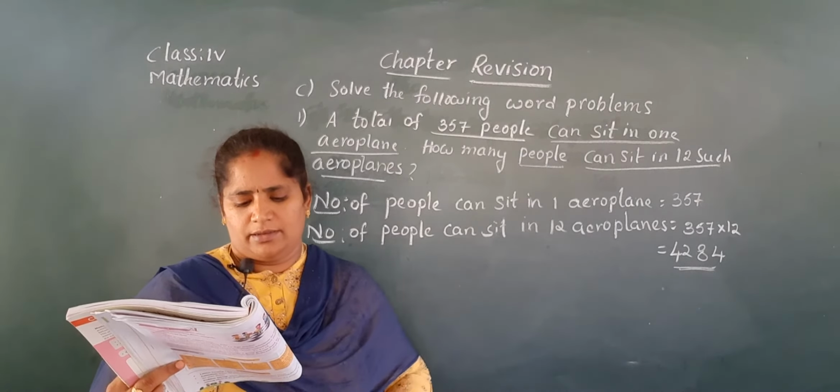So 450 into 30. Okay, ma? 0, 0, 0. 3 0 0, 3 5s are 15, 3 4s are 12 plus 1, 13. Okay, so 13,500 rupees. How much amount received for 30 days?